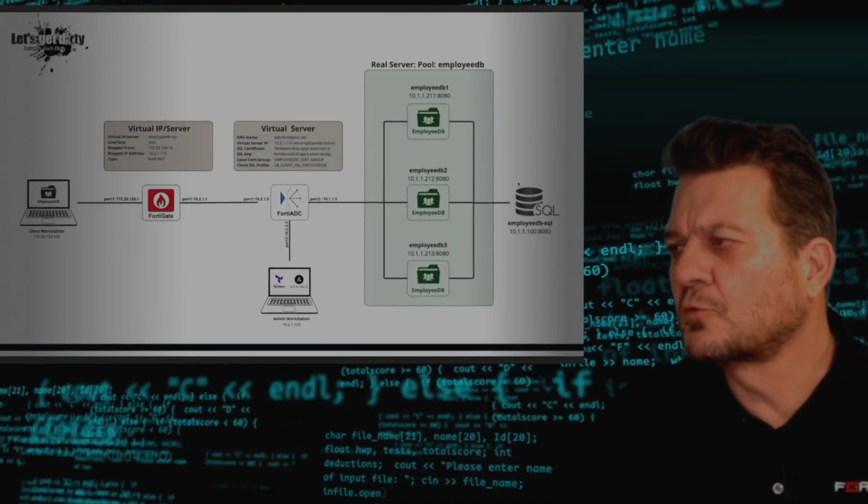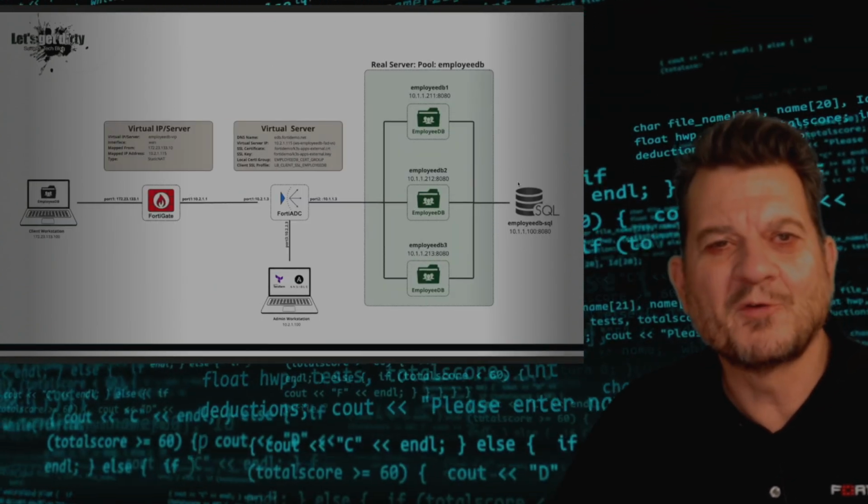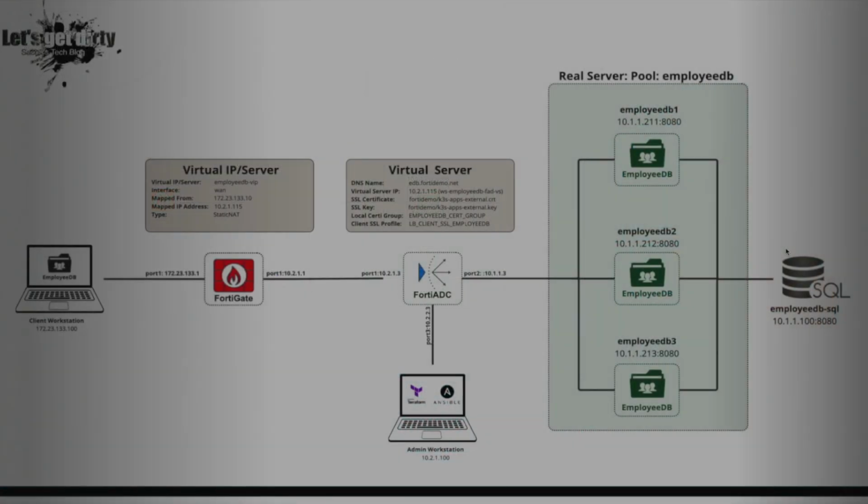Let's dig a little bit more into the configuration. What we have seen on the left-hand side, we have this client workstation attached to the internet, where we can make the request to our demo application. And in the front is the FortiGate, which makes a port forward from port 443 directly to the virtual server on the FortiADC in the back.